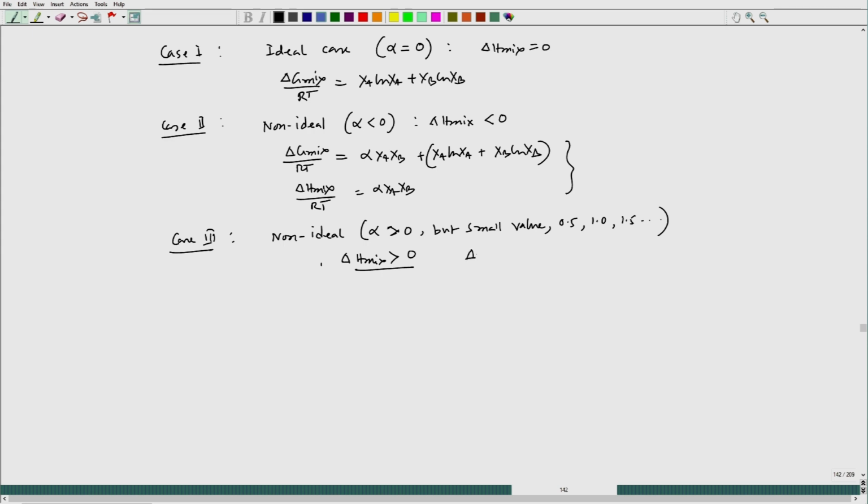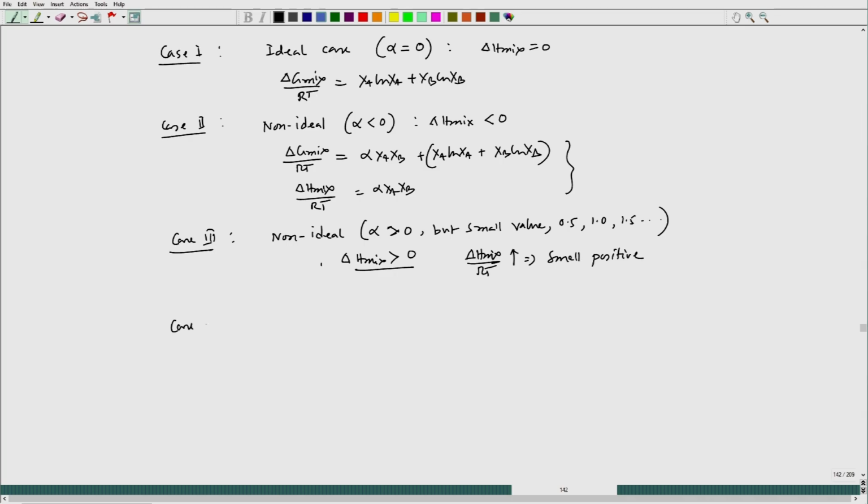If we take a small value of alpha, this quantity will also be small, small positive.